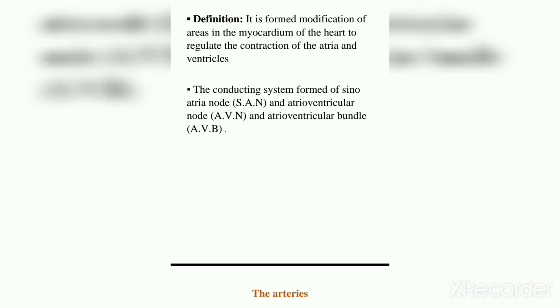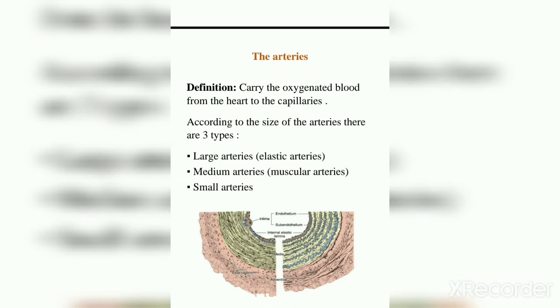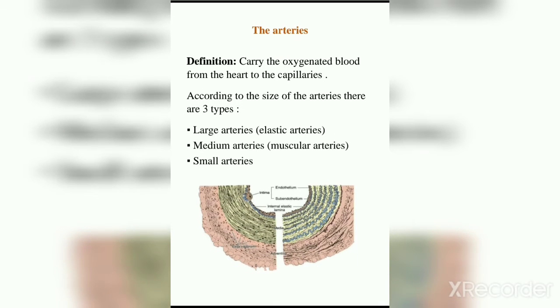The conducting system is formed of the sinoatrial node, SAN for short, the atrioventricular node, AVN, and the atrioventricular bundle, AVB.